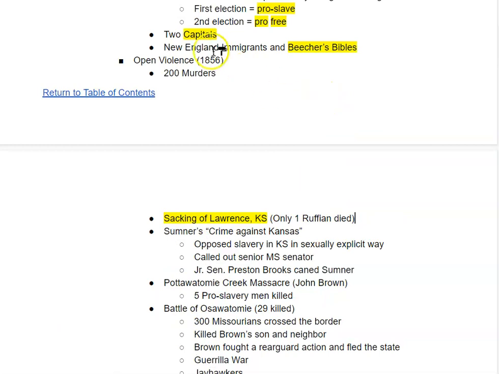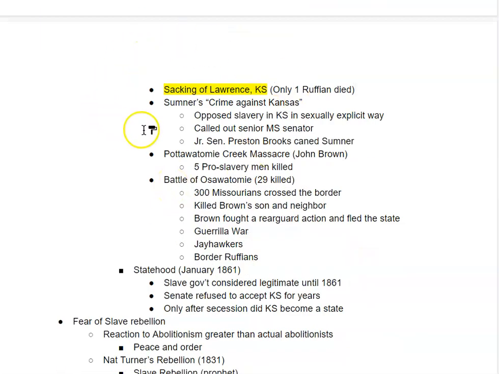When this happened, in the context of these open murders going unsolved and unpunished, one of the major free state cities, Lawrence, being burned down by pro-slavery men, you had the Massachusetts Senator Charles Sumner give a speech called The Crime Against Kansas, where he goes in an explicit way calling out anyone who endorsed slavery as being, in a way, like whoring themselves out to slavery and opposing Kansas in what was then an extraordinarily sexually explicit way.